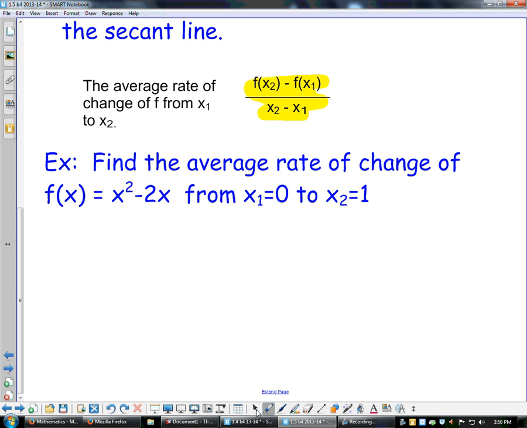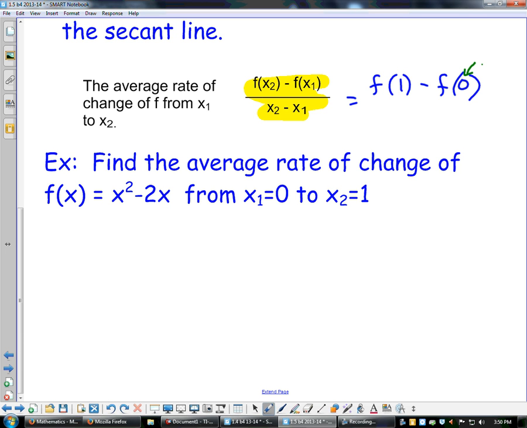In this case, x2 is 1, so I really want f of 1 minus f of 0. Oops, I'm sorry, that was x1.